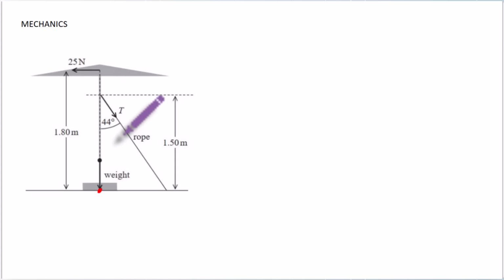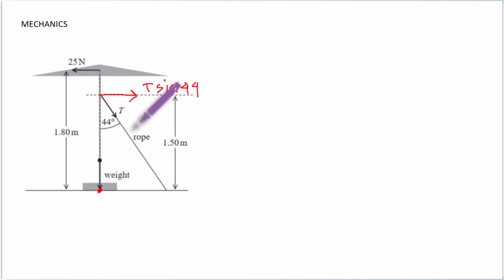So this tension is not creating the clockwise moment. It is basically the horizontal component of this tension. So the horizontal component, there is no angle here. So without angle is sine theta. That makes it T sine 44.